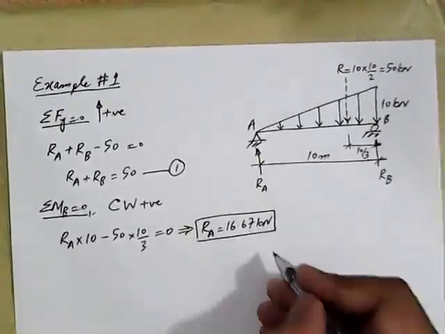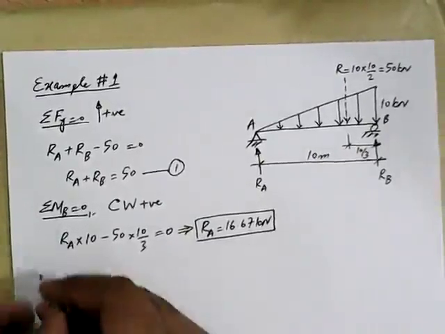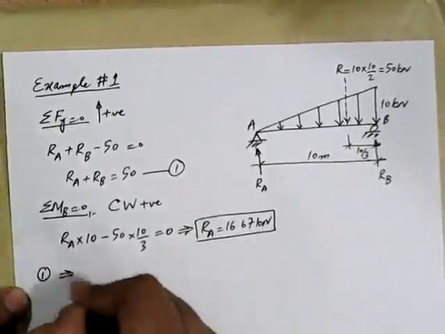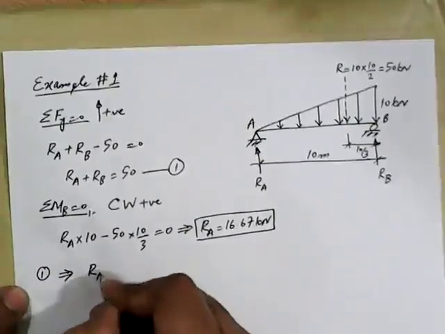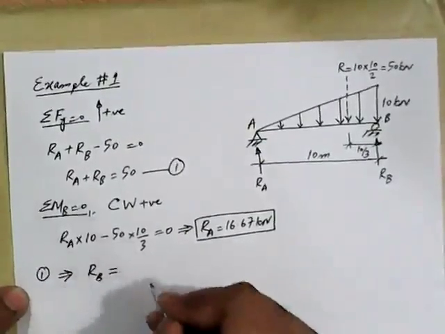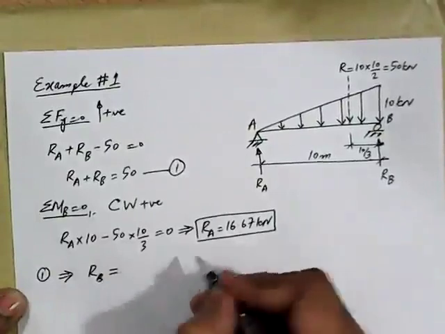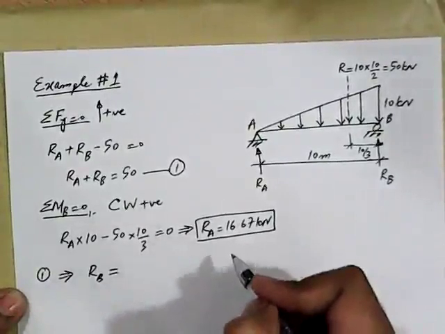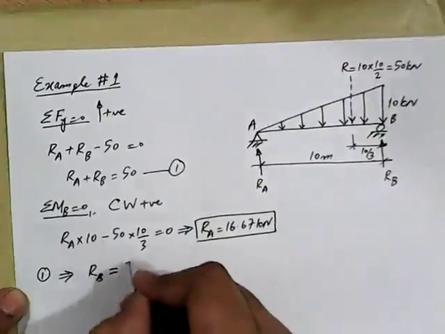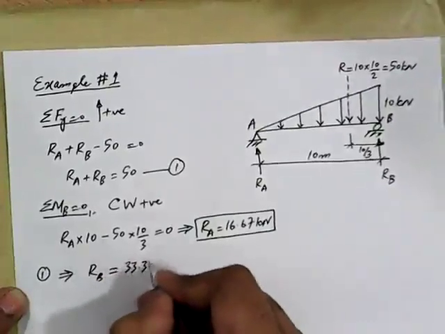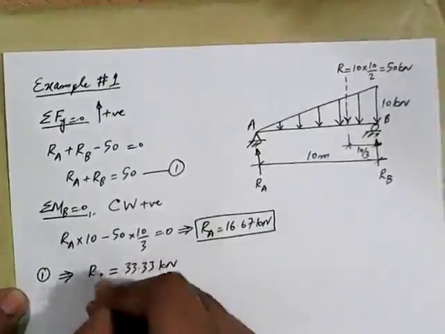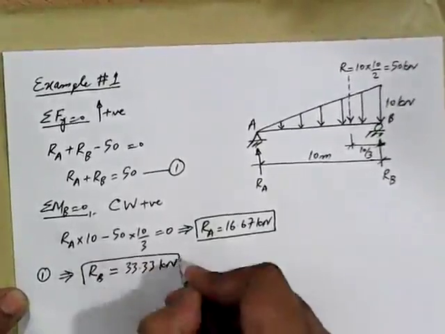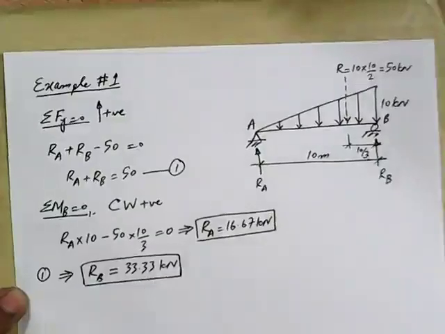If I plug this value into equation number 1, I get the value of RB. From equation number 1, plugging in RA as 16.67, I get RB equal to 33.33 kilonewton. So this is the value of RB.